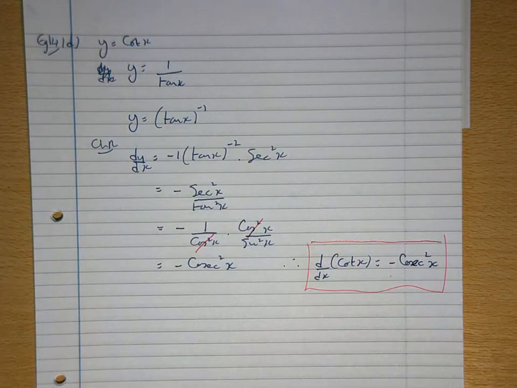And with all of these trig functions that we're differentiating, and when you come to integrating, they're all valid for angles measured in radians. So if you were given something with an angle that you had to work out a gradient of, and the angle is given in degrees, you would need to change that angle in degrees into radians before substituting into the function. That's really important to remember.